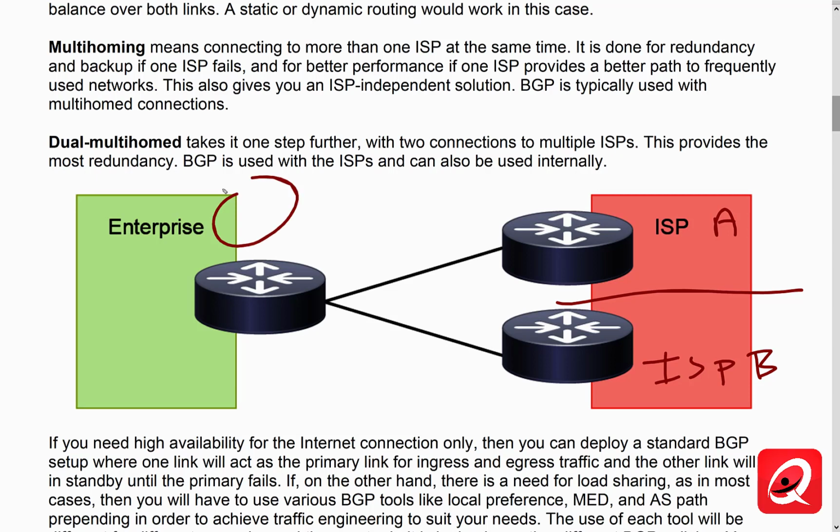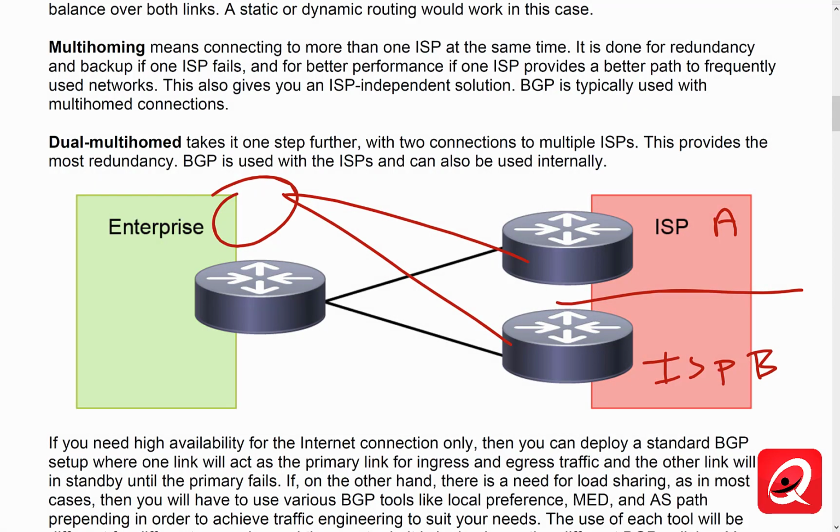And then dual multi-homed would be something like this, where I have 2 routers in my enterprise and they are redundantly connected to ISP A and ISP B. This would be the highest level of redundancy that we could have within our enterprise.